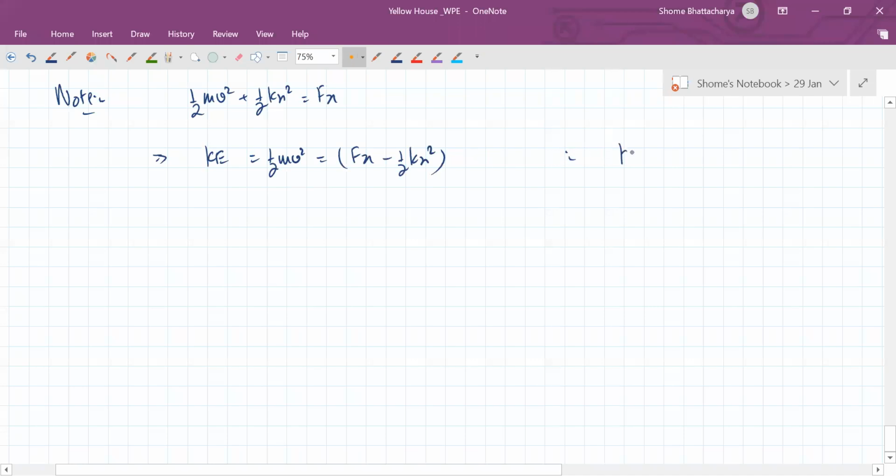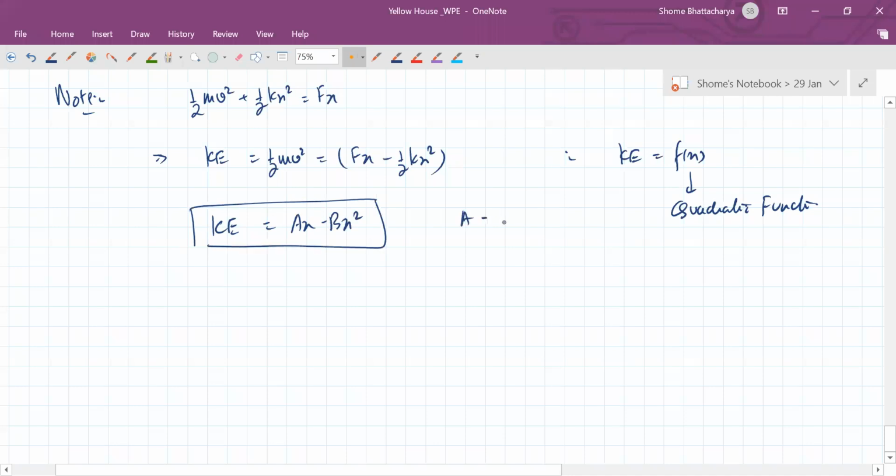As a function of x, you can see it's a quadratic function, where A is equal to F, which is 50 newtons, and B is equal to half K, in newtons per meter.